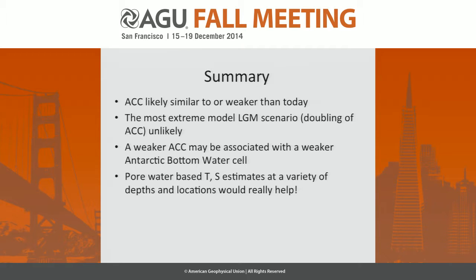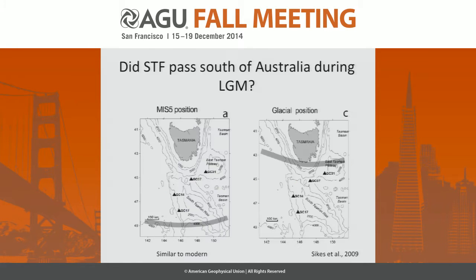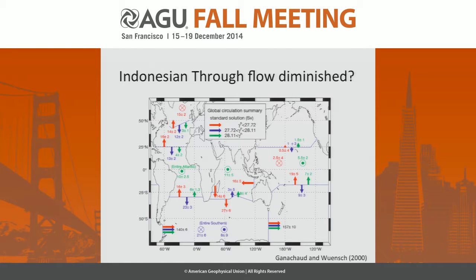And I should say in response to Lou's question, another reason for weaker ACC transport is that if we're looking at the transport south of Australia, we actually not only have this wind-driven ACC that's going clear around the Antarctic, but if you look at the red arrows going around Antarctica, there's an extra amount of ACC flow that goes south of Australia.